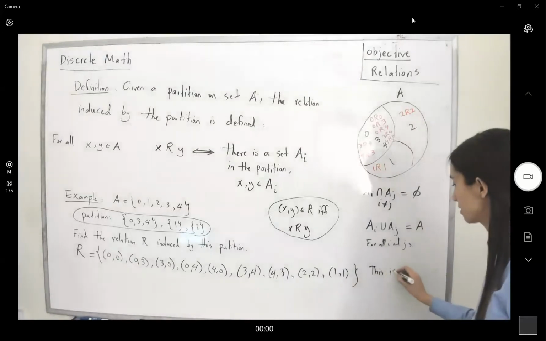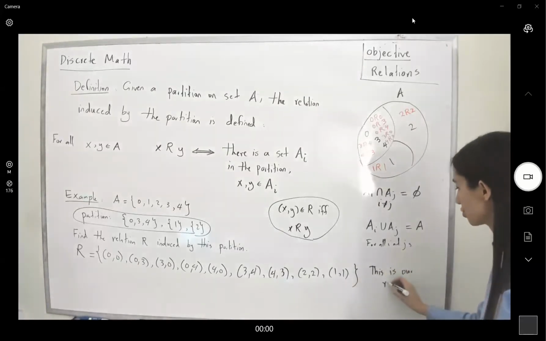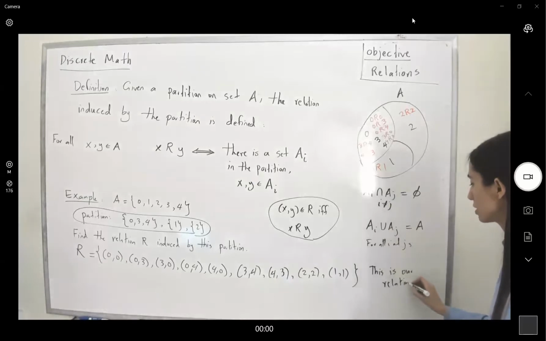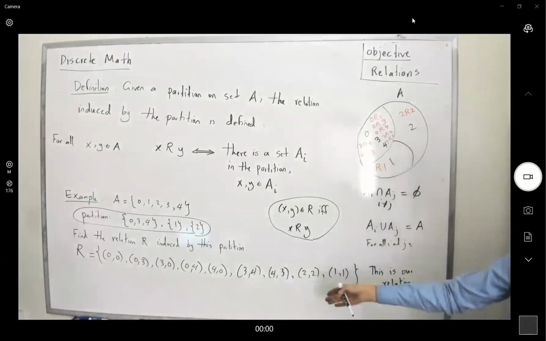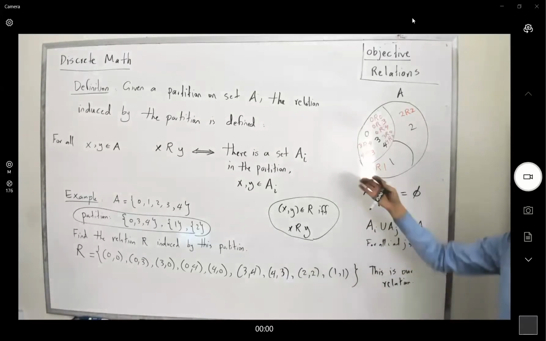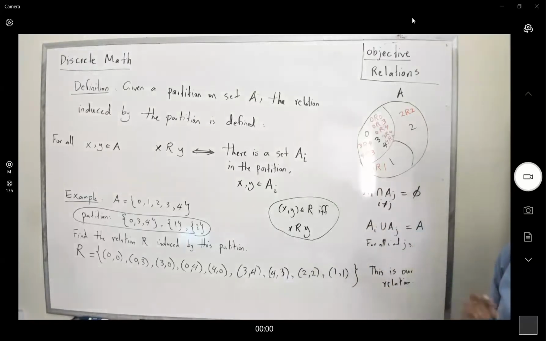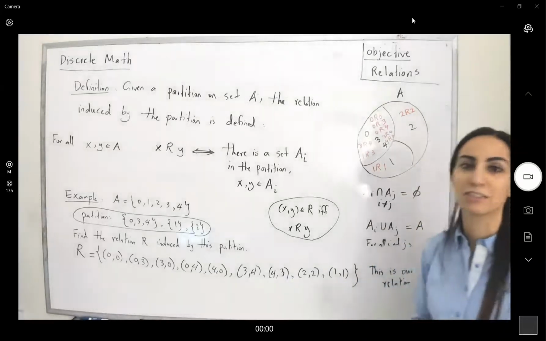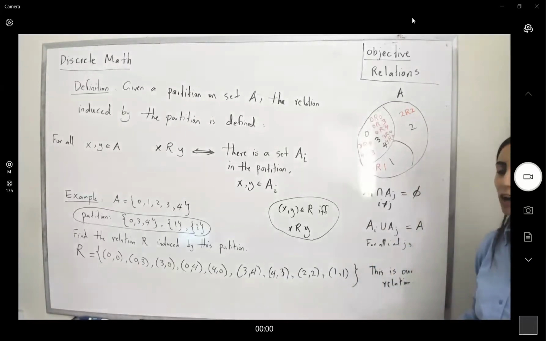This is our relation. Then if the question says, check to see if this relation is reflexive, symmetric, transitive, we move on to the next step to check those properties. But first, we need to define the relation. How do we define the relation?